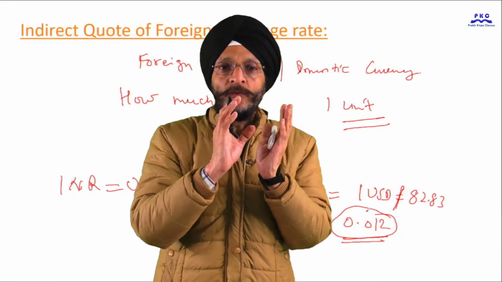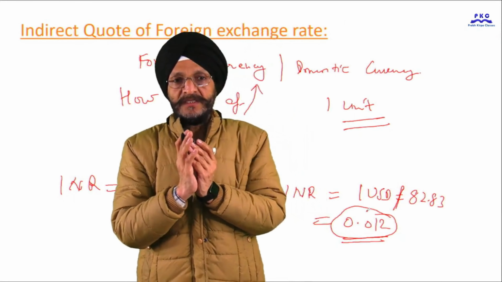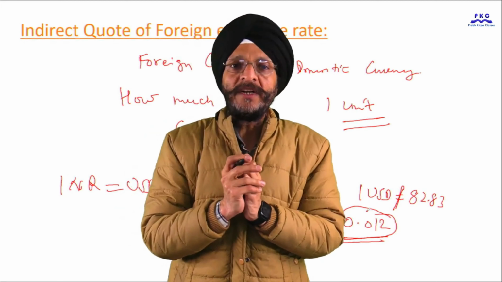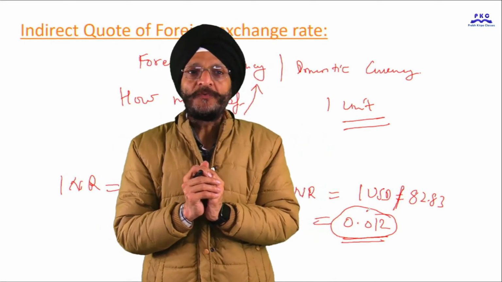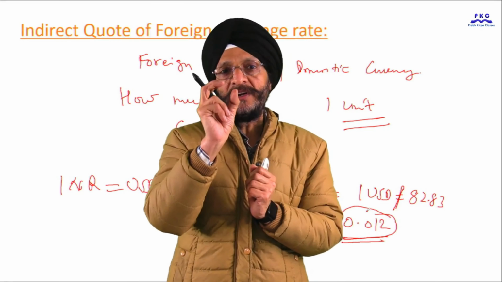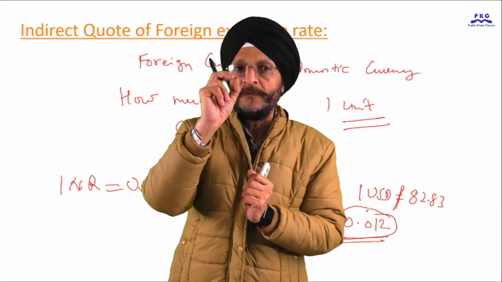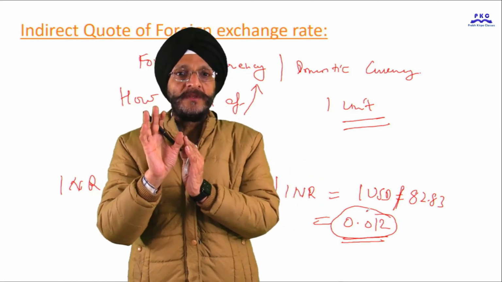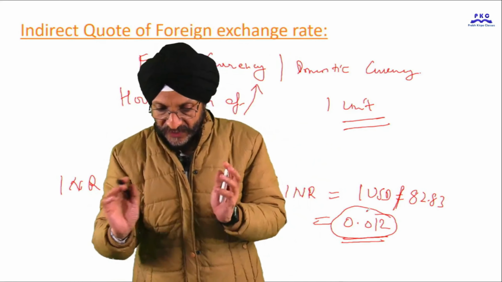We can purchase 0.012 of US dollars with 1 unit of Indian currency, or 1 Indian rupee. This is the indirect quote.